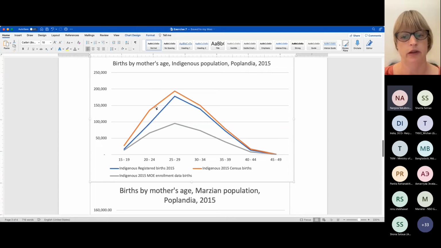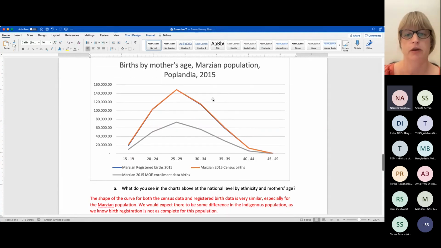So here we see the census and here are the registered births, and it's a similar shape. Of course, we would expect the registered births might be lower, especially for the Indigenous. The fact that it doesn't match MOE is okay because we know that there was already a problem with the data from 2015.